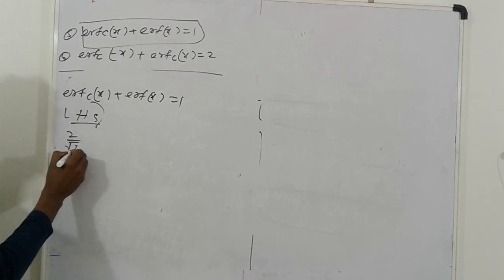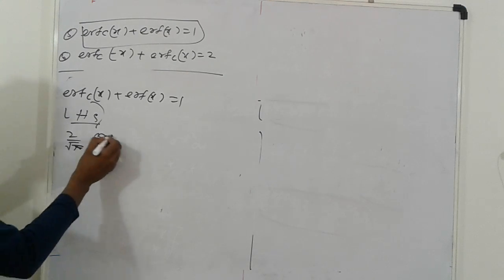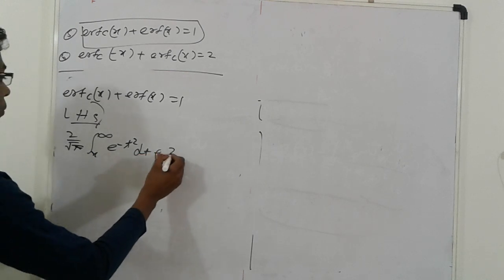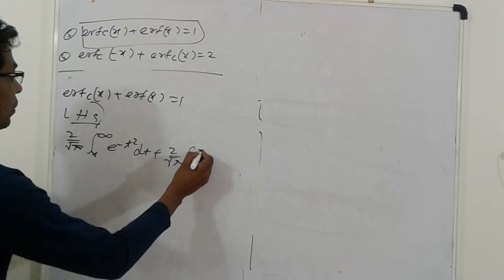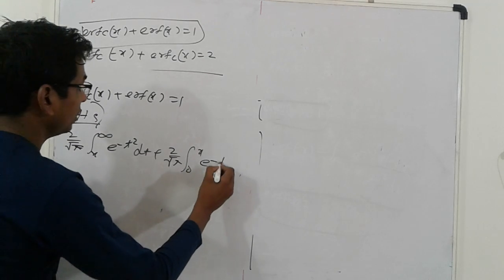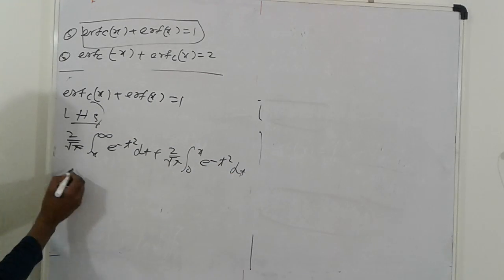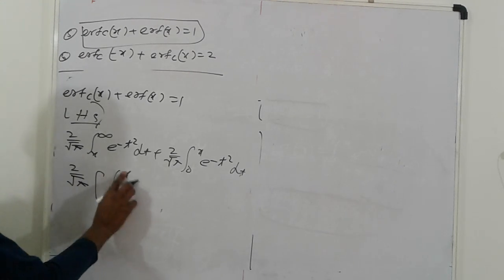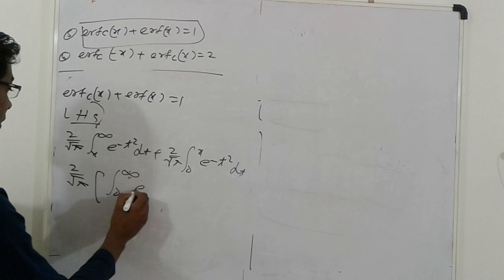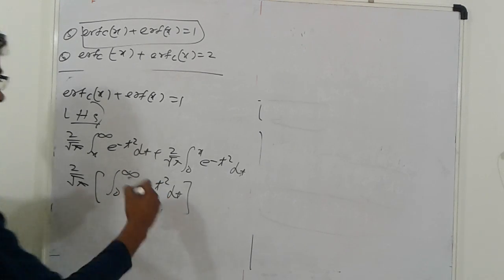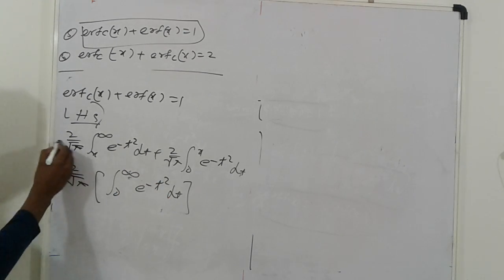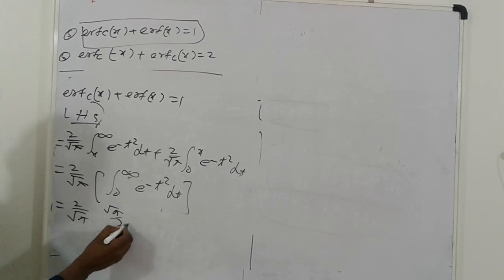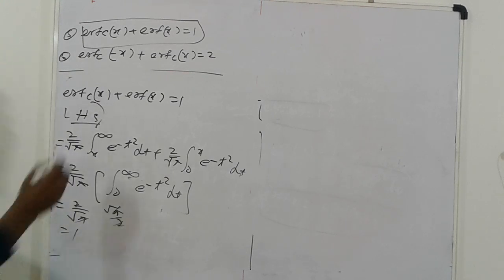So 2 upon under root pi, x to infinity, e raised to minus t square dt, plus 2 upon under root pi, 0 to x, e raised to minus t square dt. 2 upon under root pi is common, and combined we get 0 to infinity, e raised to minus t square dt, which is 2 upon under root pi times under root pi upon 2. So that is cancelled, it is 1. It means proved.